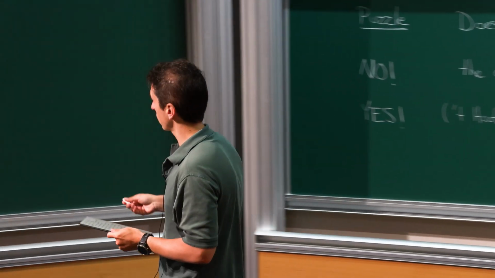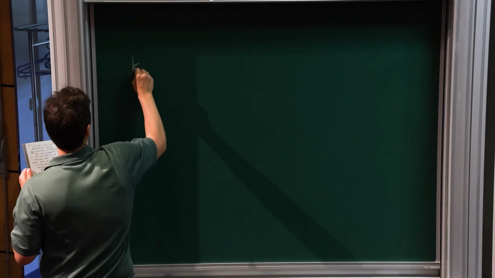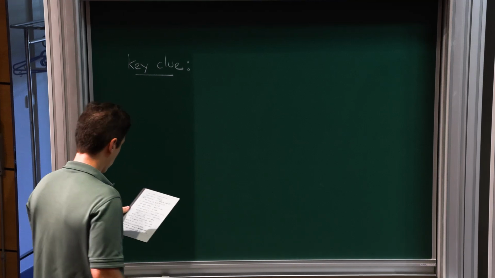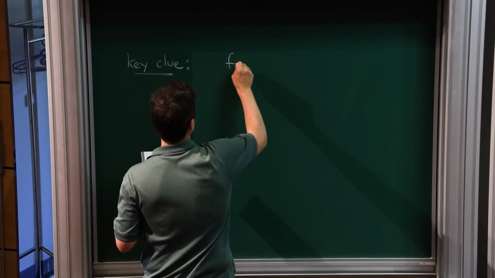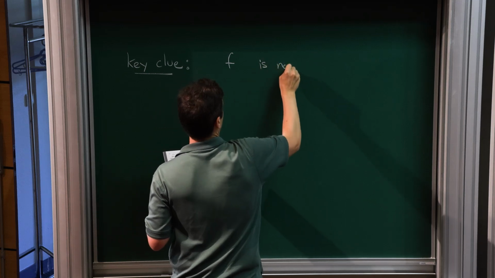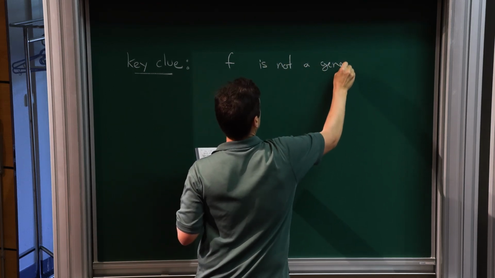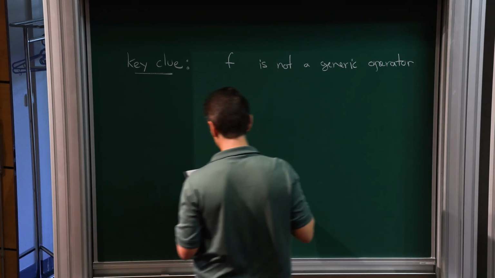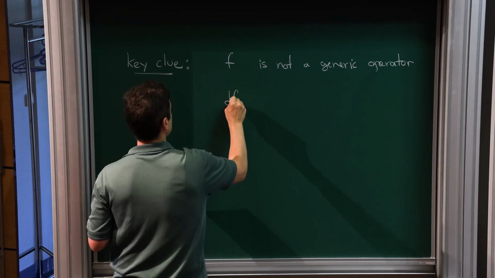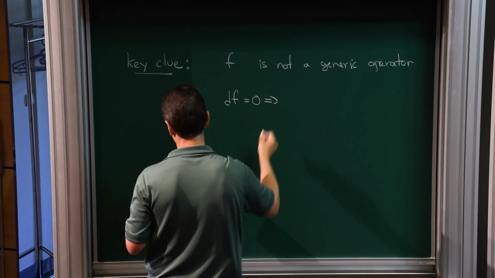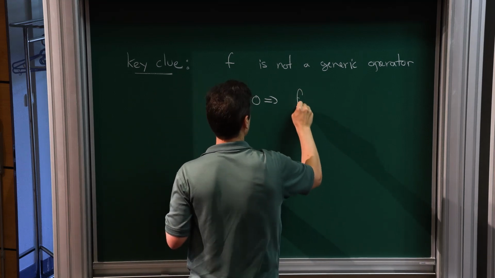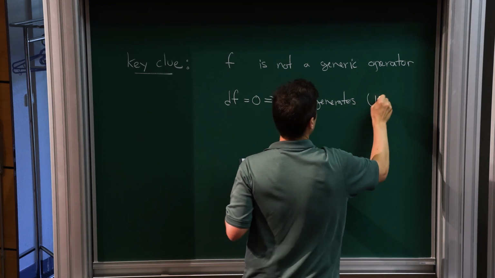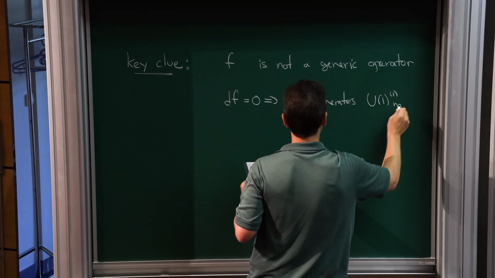Okay, so the key clue that we want to take into account here is the fact that it's a square of something. And I remind you that F is not a generic operator. We have that dF equals 0, which by now you know means that F is a current. It generates the U1 one-form magnetic symmetry.